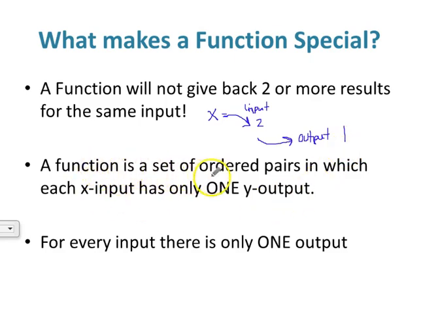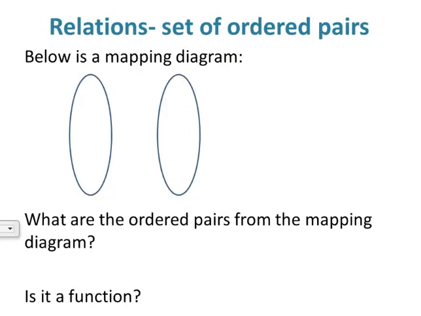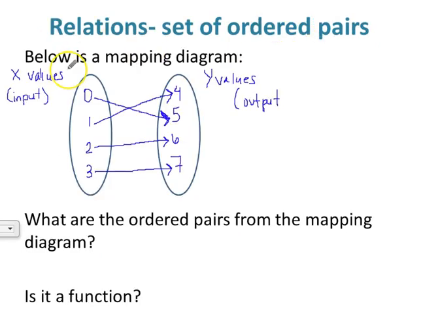So a function is a set of ordered pairs in which each x input only has one specific y output. So again, for every input, there's only one output, and that's going to make more sense. Just hang in there with me. So one way that we can tell if relations are functions is by looking at a mapping diagram.